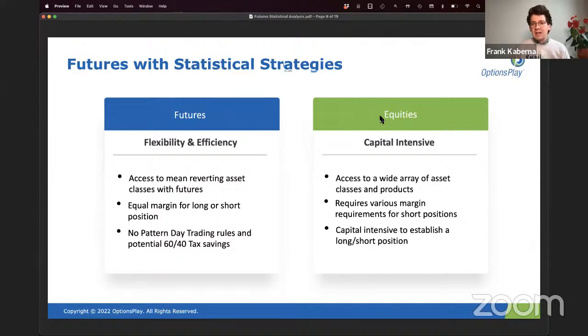easier to buy and sell any asset using futures for a multitude of reasons. It's usually cheaper as well, given the efficiency of futures margining rates.